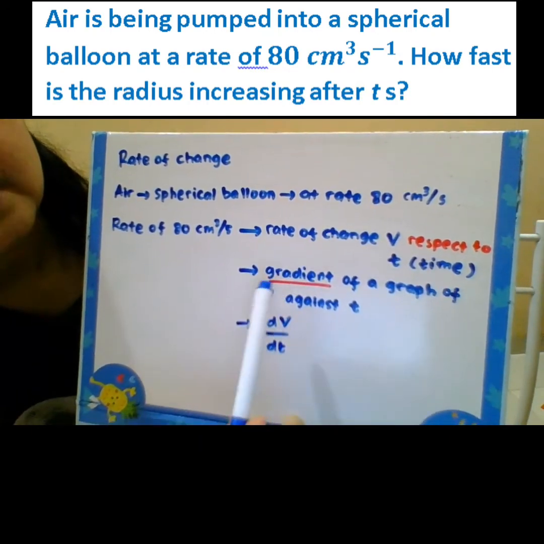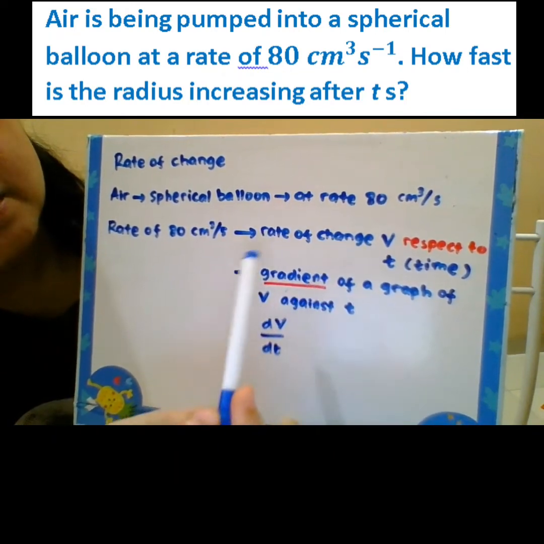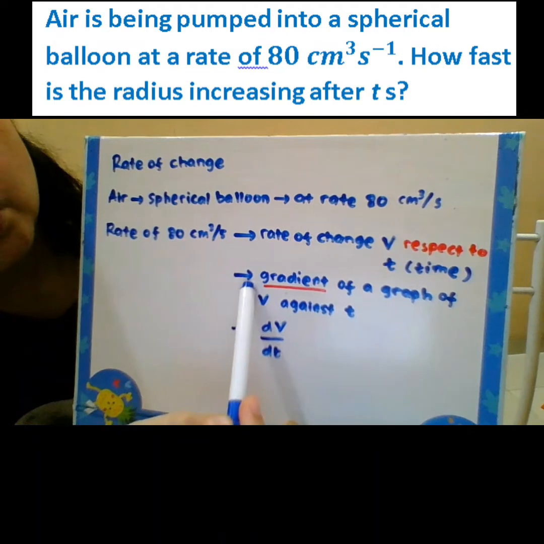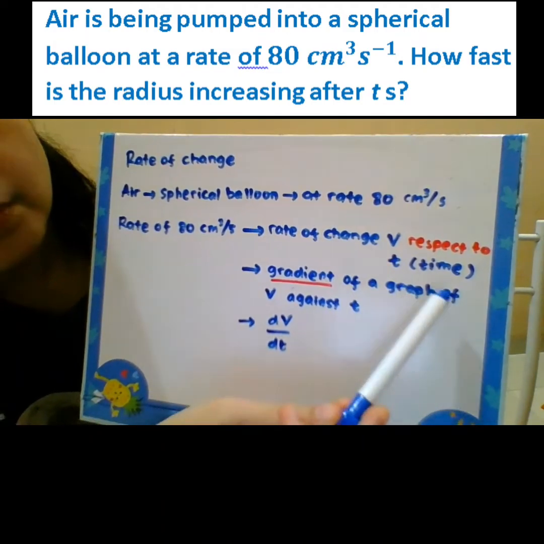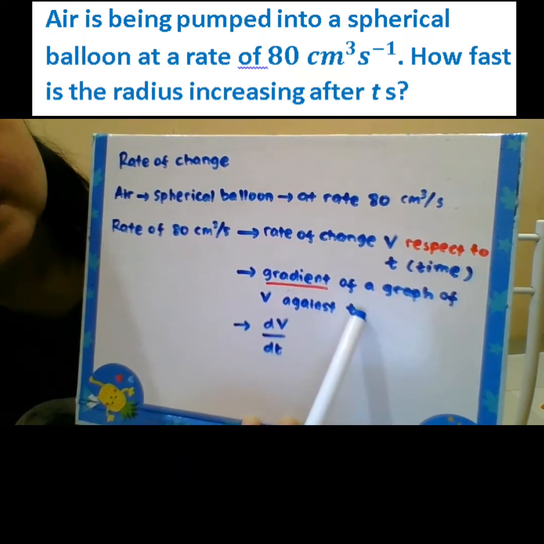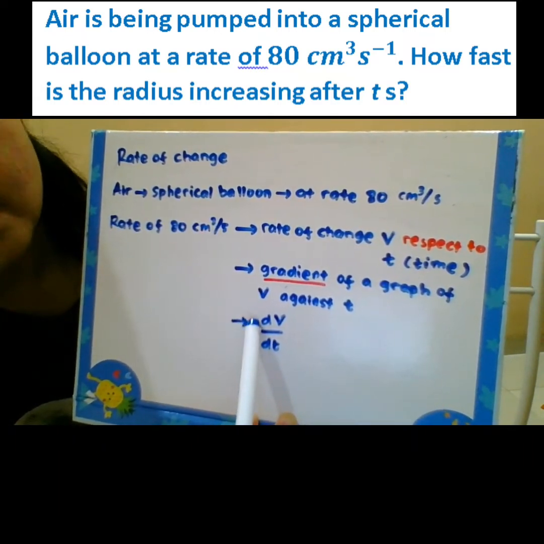And when we mention the rate of change, we can also mention it as a gradient, so it's the same meaning. Gradient of a graph of v against t. Then we can write it down as dv per dt.